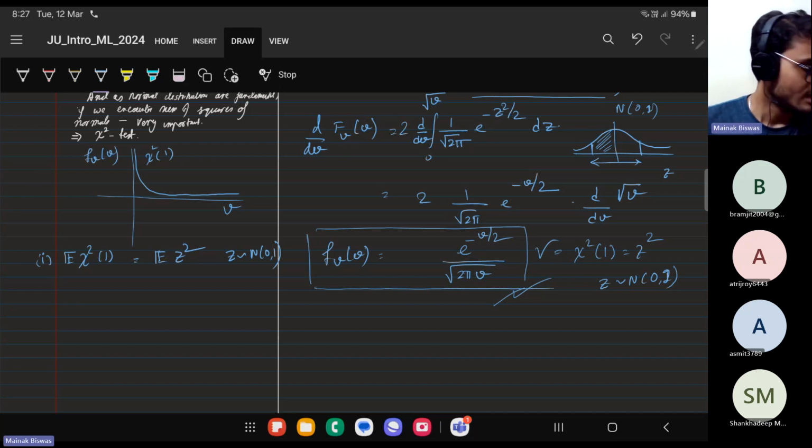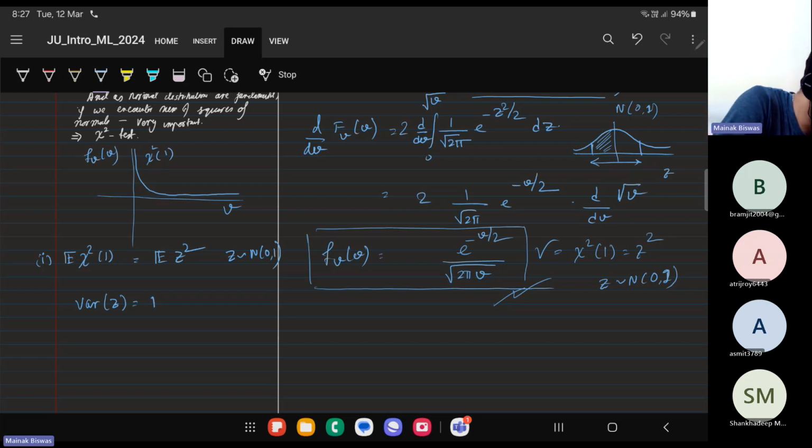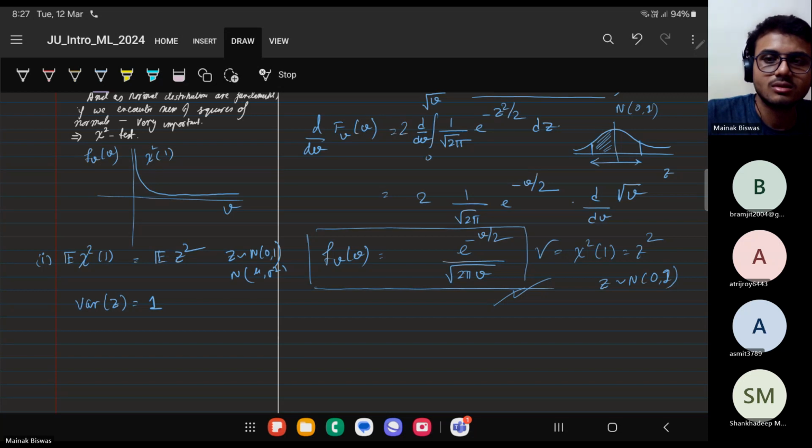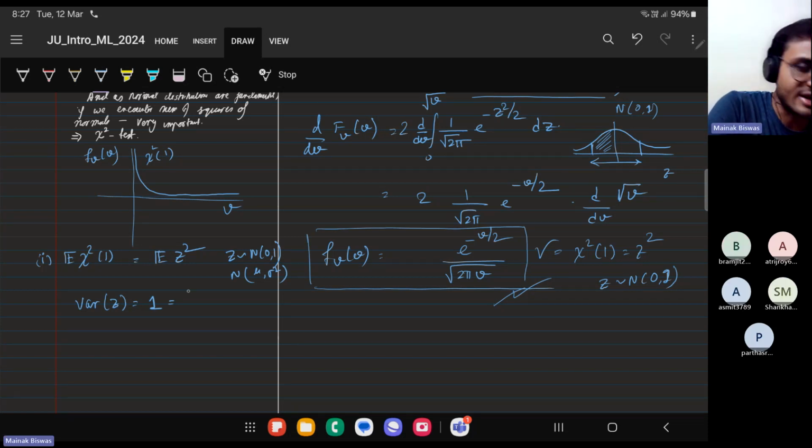What is the variance of Z? Variance of Z is 1, right? We define mu, sigma square as the normal distribution. Then what is the formula of variance?